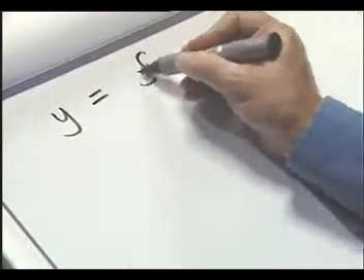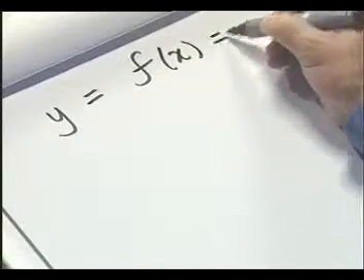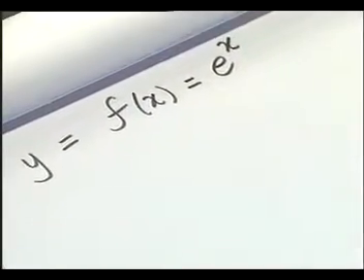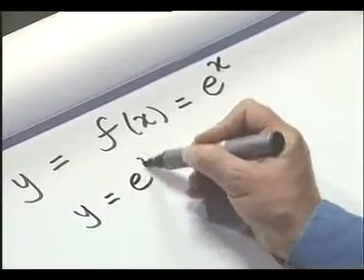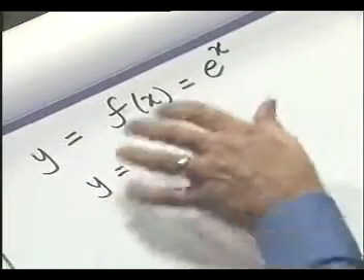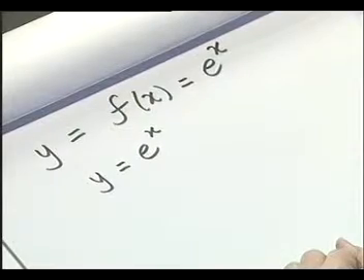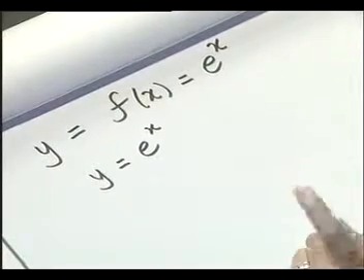So now I'm going to look at the function y is a function of x is equal to e to the x, or just simply y equals e to the x. And we're going to learn how to differentiate this exponential function. Let me remind you something about logarithms.